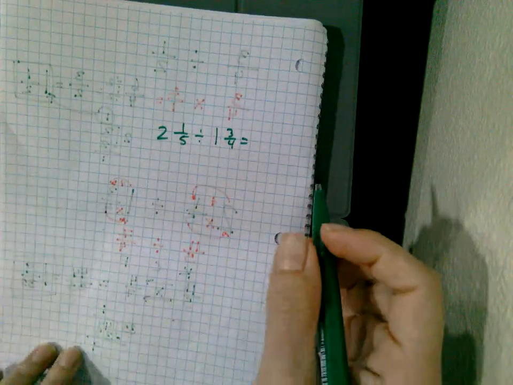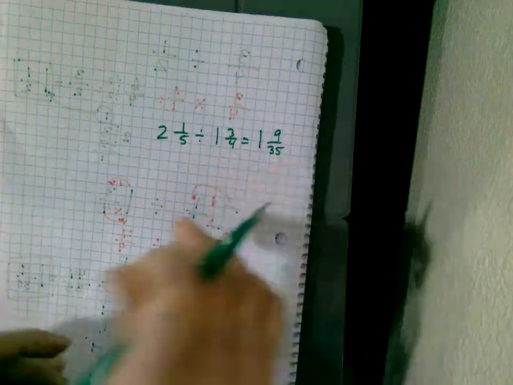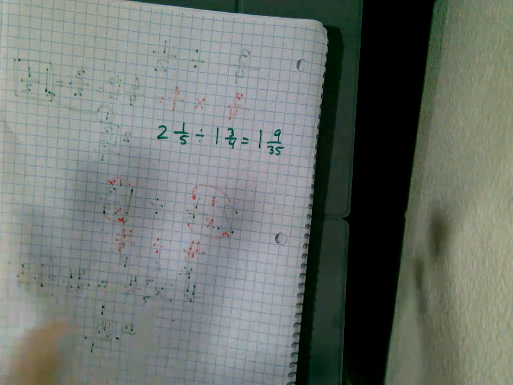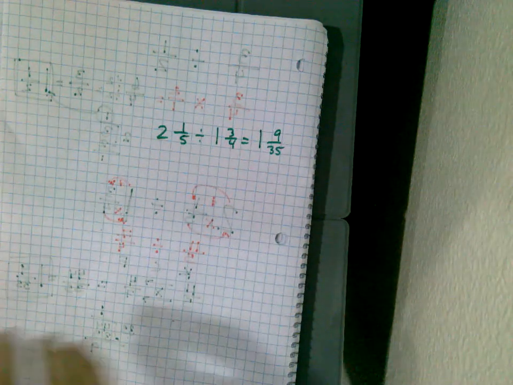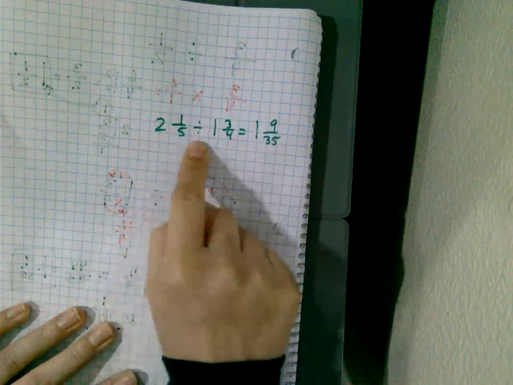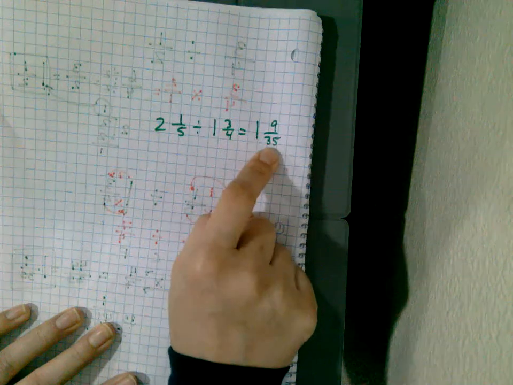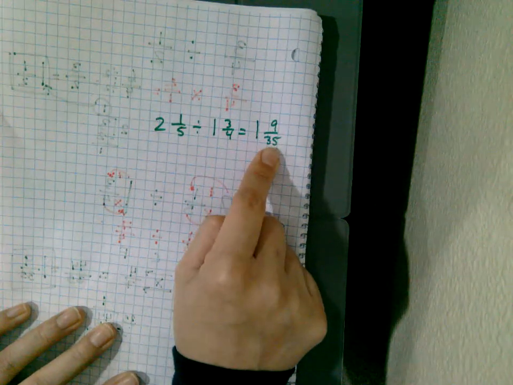And all you do is go, oh, Miss Amelia, my answer is 1 9/35. So if in your picture that you're going to turn into me when it comes to your group work, you write this down, and you're like, Miss Amelia, 2 1/5 divided by 1 3/4 is equal to 1 9/35. And that is a correct answer, right?